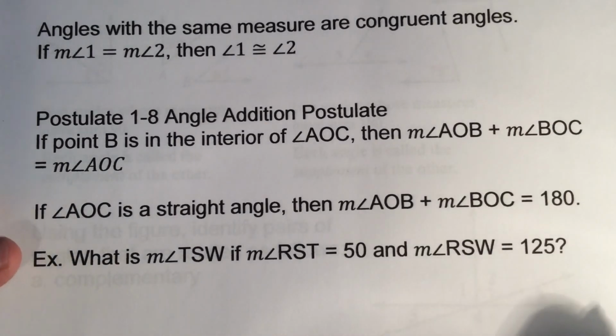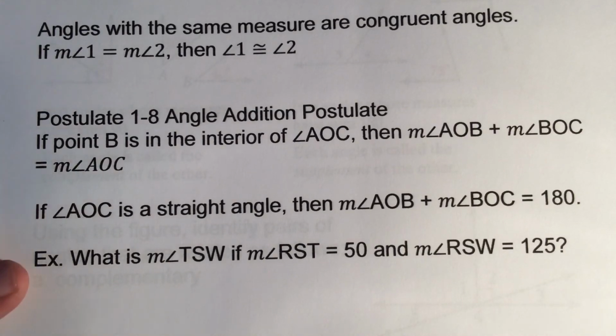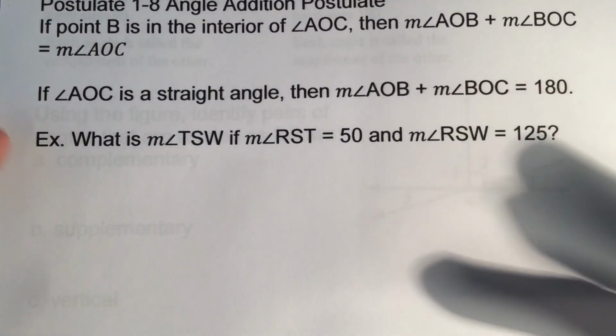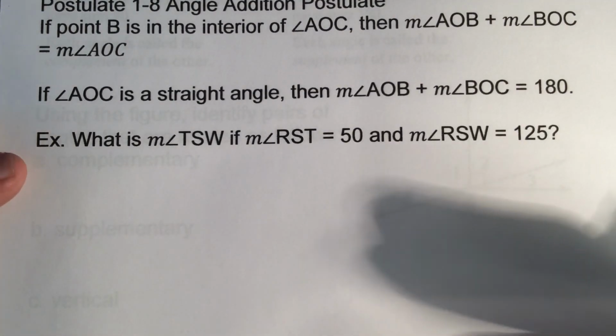So what is the measure of angle TSW if RST is 50 and RSW is 125? Now, typically when we do this, there will be a drawing going on.